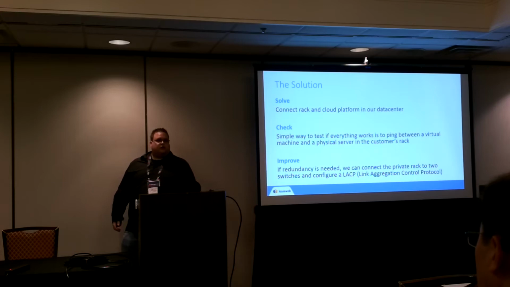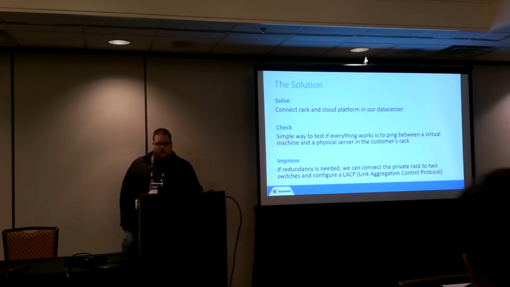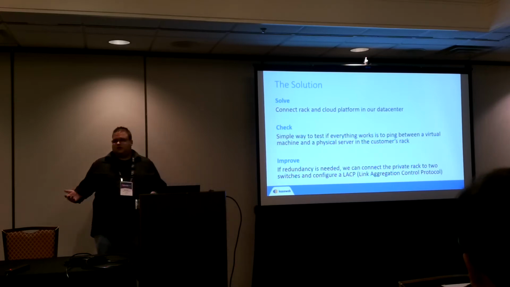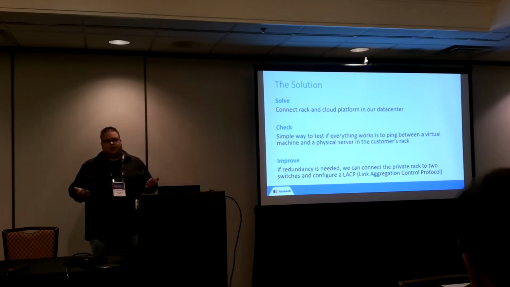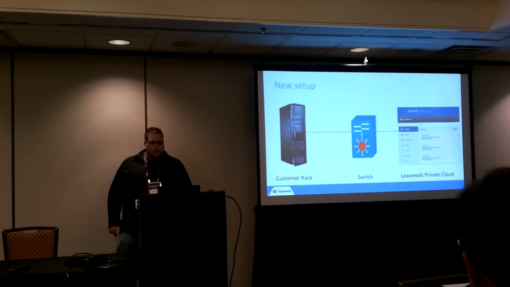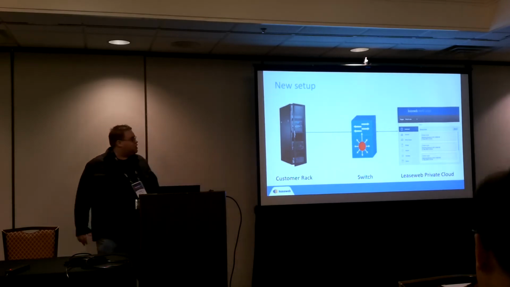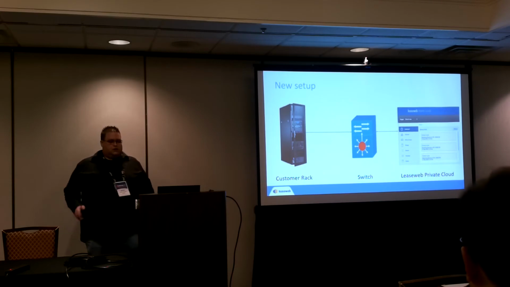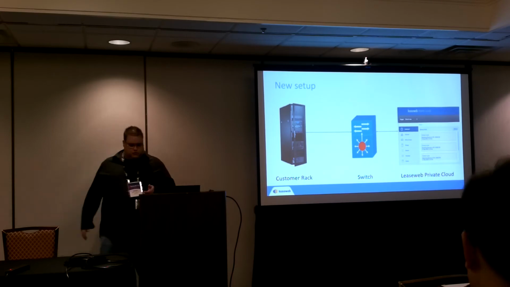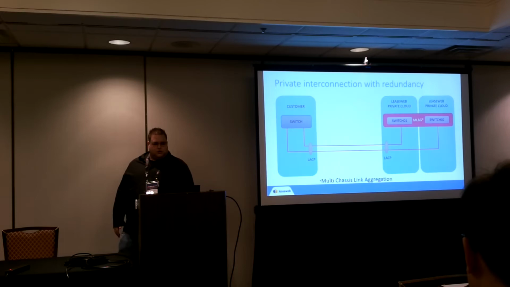So we can connect these two platforms either with a single connection or a redundant connection. That's all up to the customer, depending if he needs redundancy or not. Once everything's connected, we have our customer rack connected to switching of our CloudStack platform. And then within CloudStack, we will get an extra network for this.